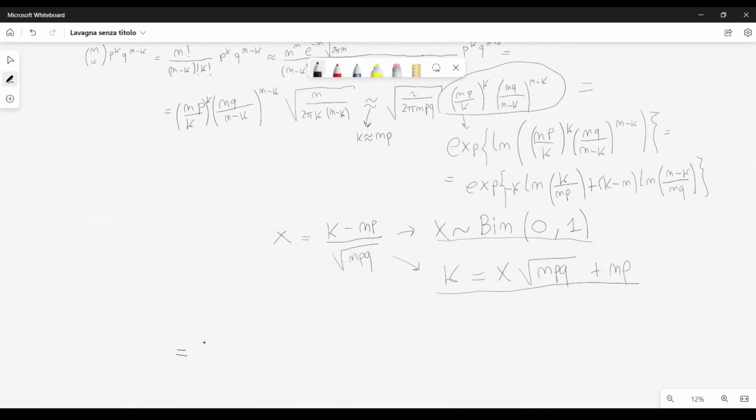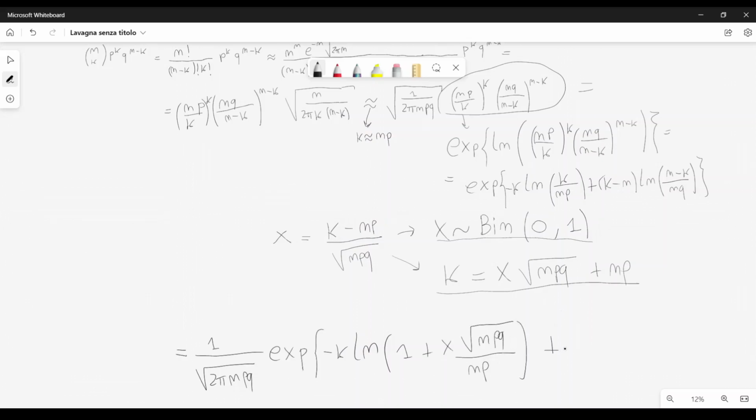Here, this is equal to 1 over the square root of 2 pi npq, exponential of minus k, and here I have logarithm of, when I substitute this expression inside this logarithm, I will get 1 plus x times square root of npq divided by np.